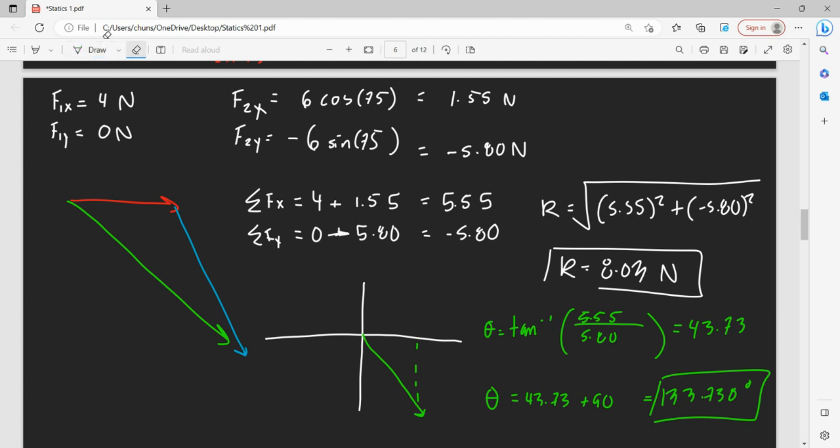Instead, that's going to be 360 minus this. So opposite is going to be 5.8. That's our adjacent.